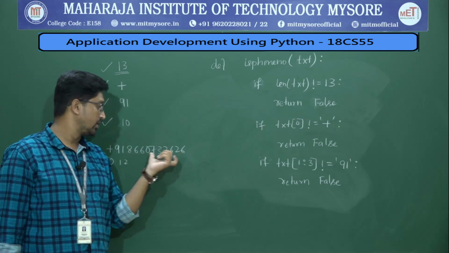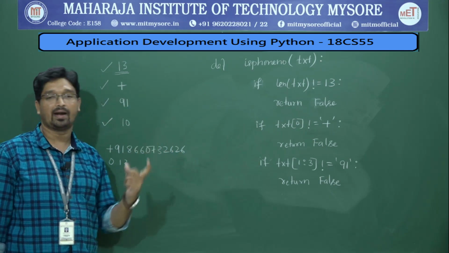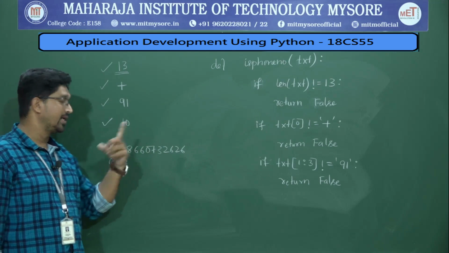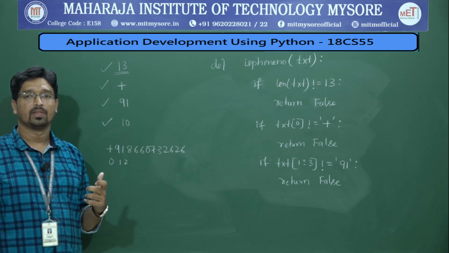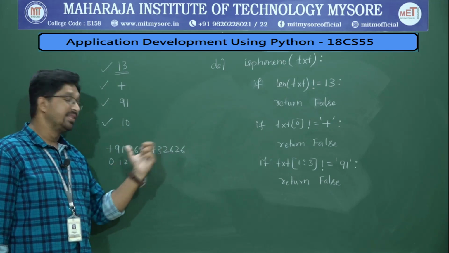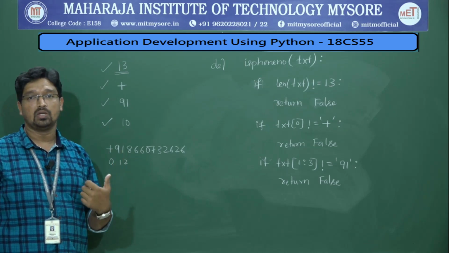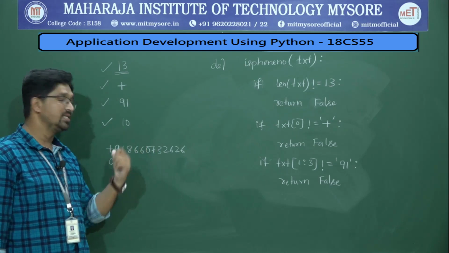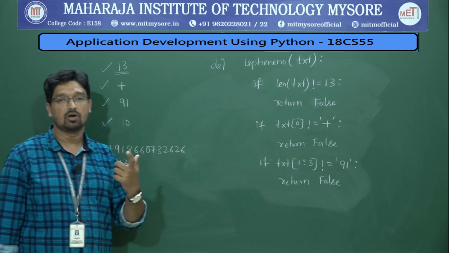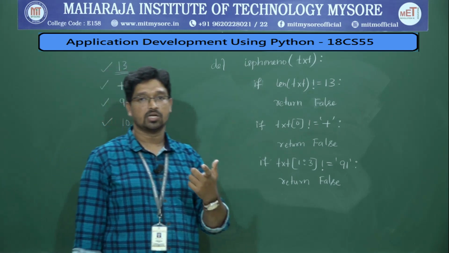Next, what about the other 10 characters? How to check the other 10 characters? We can check whether these are decimal values. There is a function called the isdecimal function.